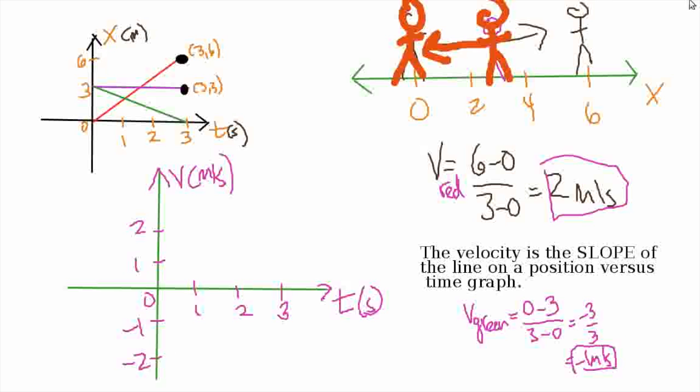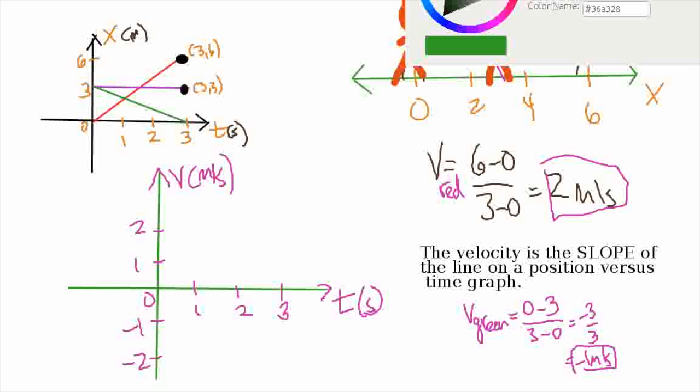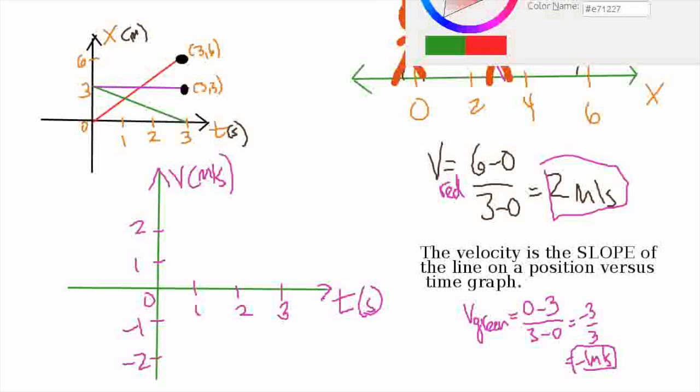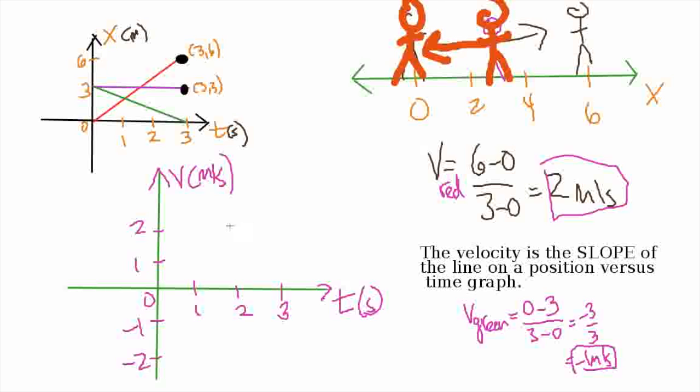Let's ask ourselves now, the graph of position, the red line on the x versus t graph, had a velocity of 2, and the velocity of 2 was for the entire 3 seconds, right? So we're going to graph the first 3 seconds with a horizontal line. Why is it horizontal?